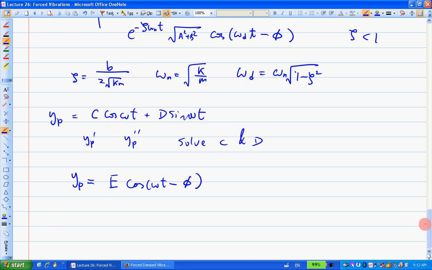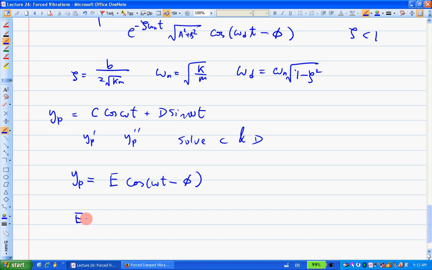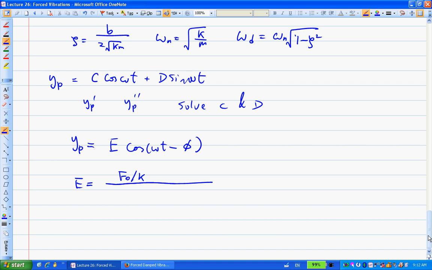And what's E there? The E is F naught over K, where K is the spring stiffness, over the root of 1 minus R squared, all squared, plus 2 zeta R squared.